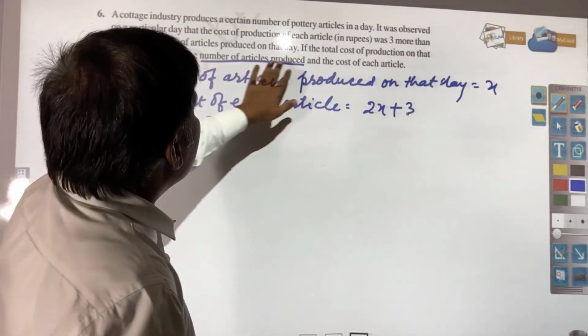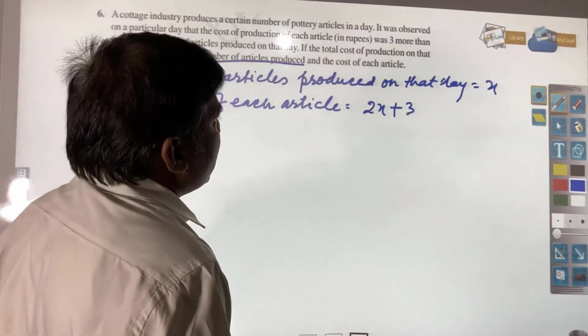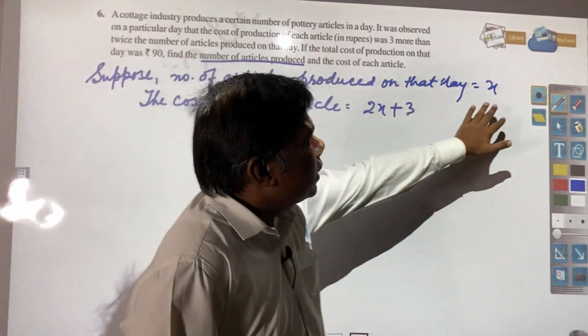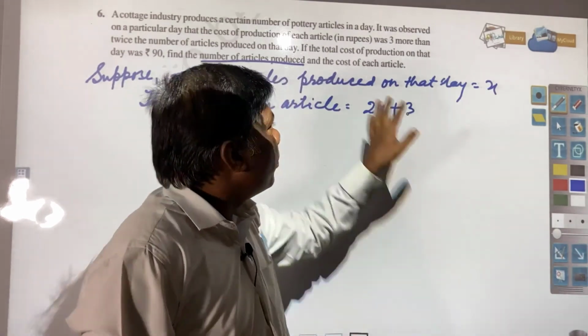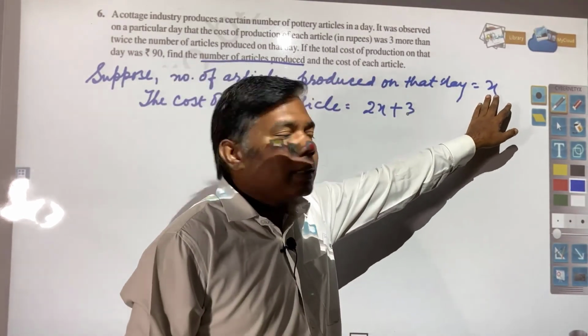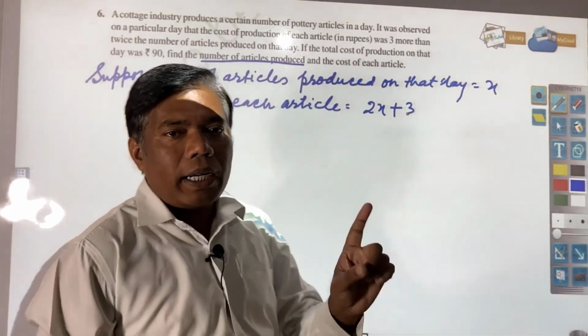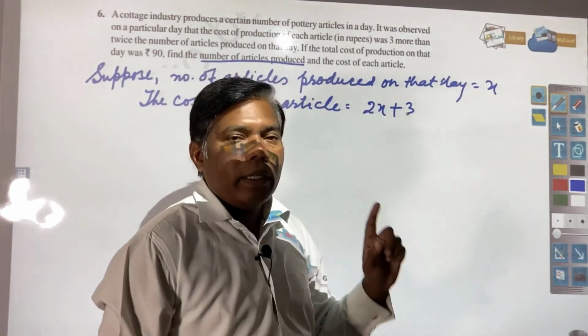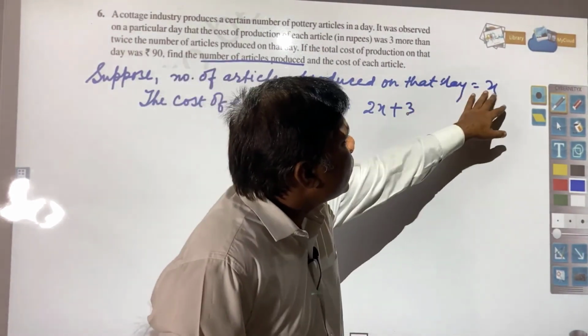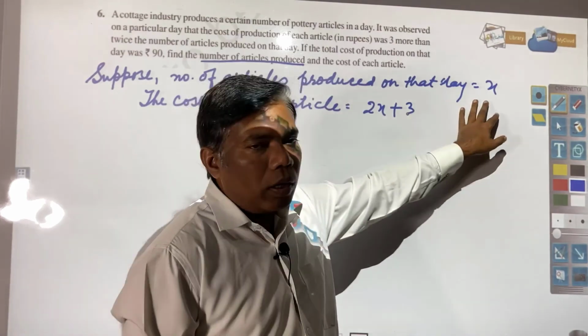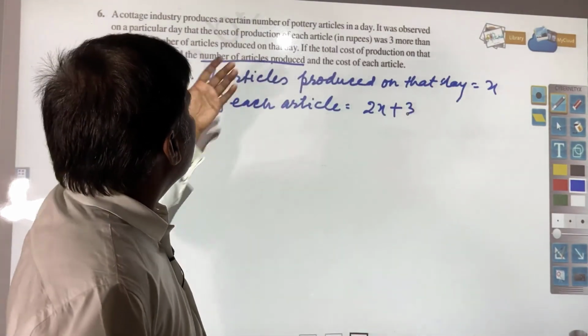The cost of each article is equal to 2x plus 3 rupees. Now it has been given that the total cost of production, so the number of articles is x and the cost of one article is 2x plus 3. If you multiply this, what will you get? You will get the total cost produced in that day.